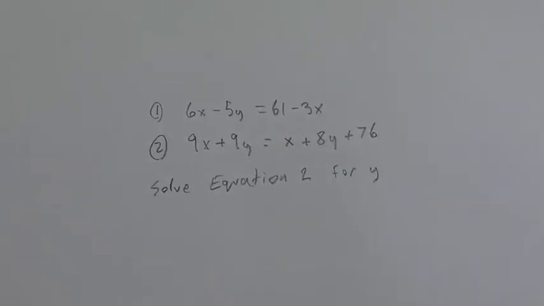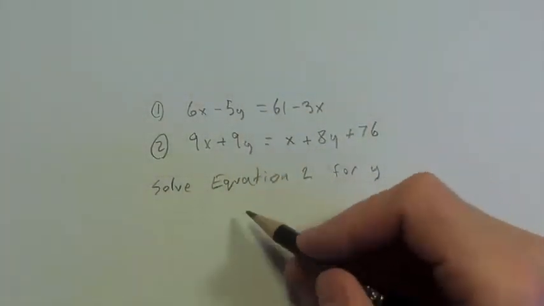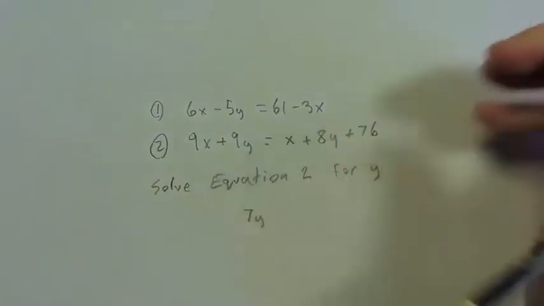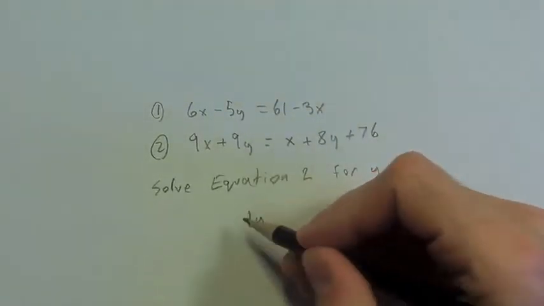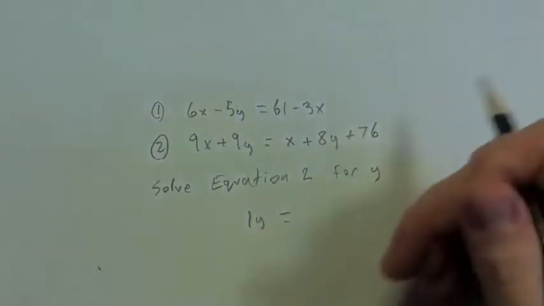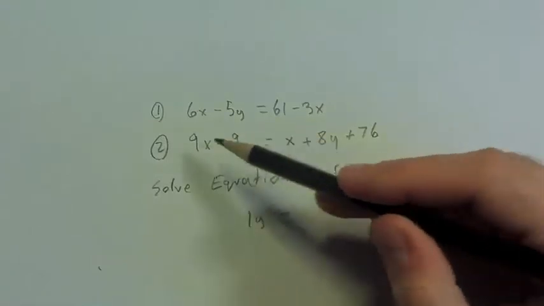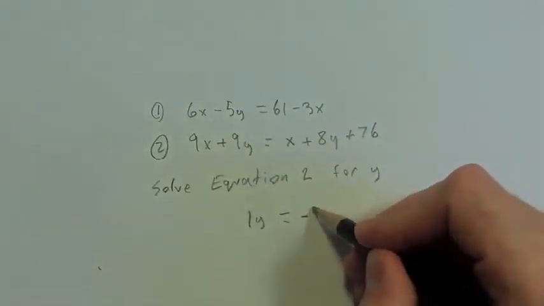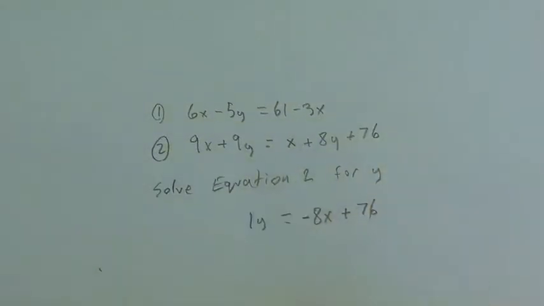Which again isn't the worst thing in the world, but if we can avoid it, we're going to try to. So I'm going to solve for y. I'm going to move the 8y over to get 7y. Oh, not 7y, sorry. 9y minus 8y is 1y, which is going to be equal to, now the x minus 9y will be negative 8x plus 76.